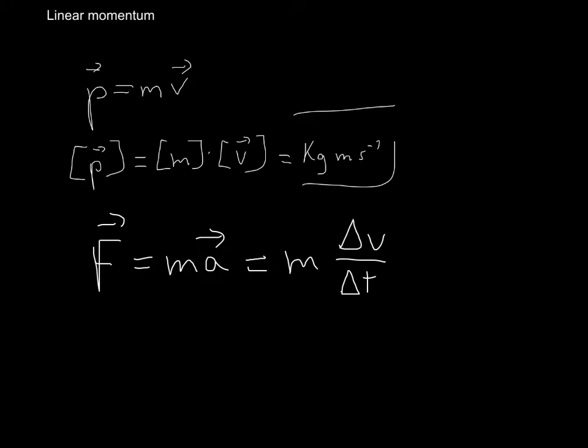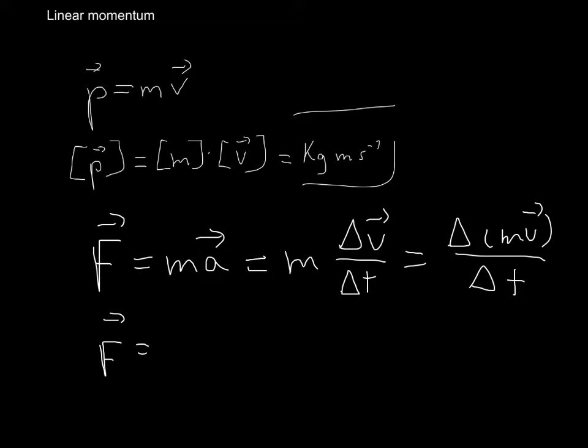So we can rewrite this as the increase in mass times velocity per unit time. But this thing here is just the momentum. So what we can really say, and sorry I forgot the little arrows for my vector, so let's just put this here, is that this is the increase in momentum per unit time. So we can rewrite Newton's second law as force equals the increase in momentum per unit time.